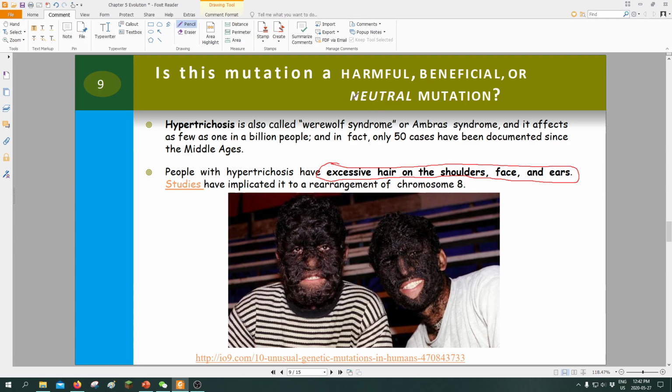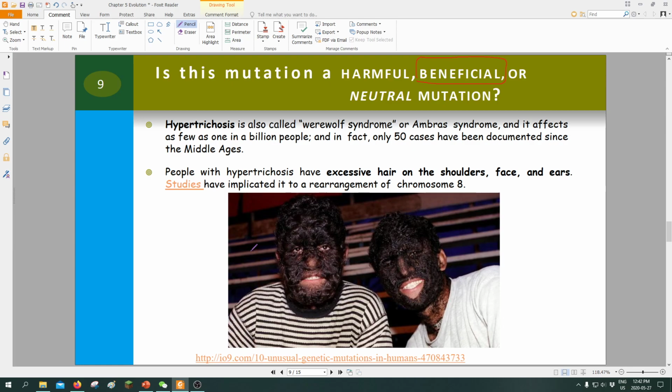Now, is this harmful, beneficial, or neutral? So a few different things you can take a look at, okay? First of all, is it beneficial? Well, if it was beneficial, we would typically see more of these traits in the population, right? For example, giraffes. What is a beneficial mutation?